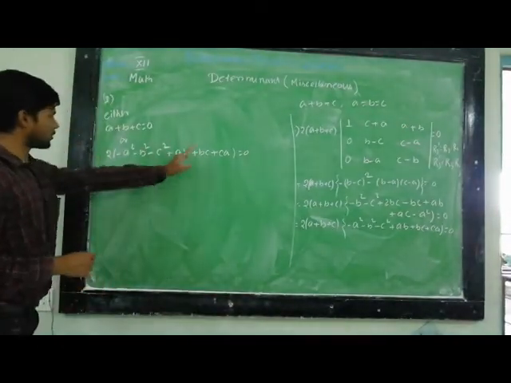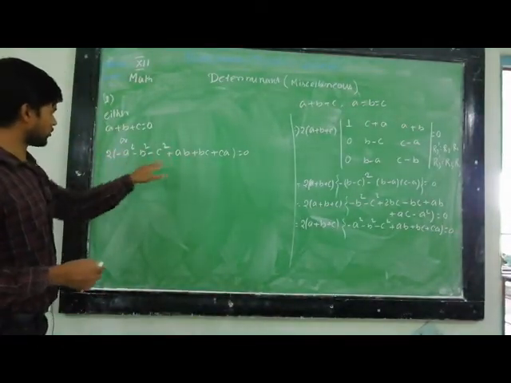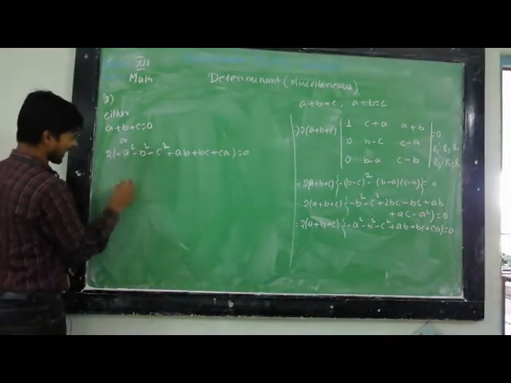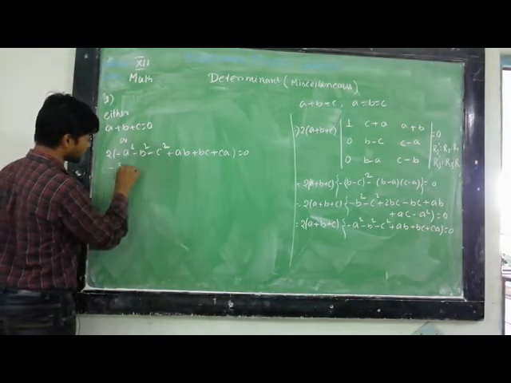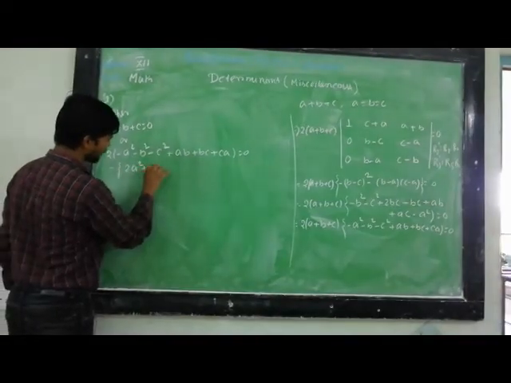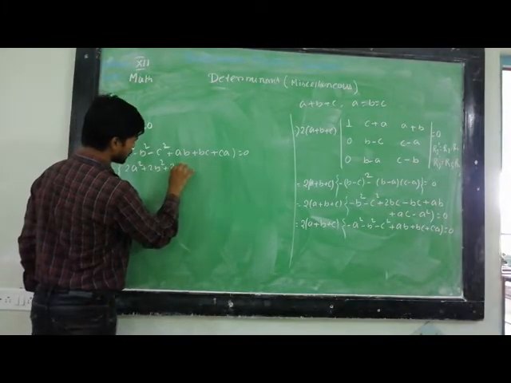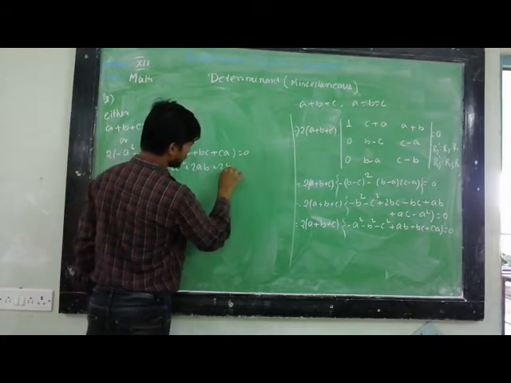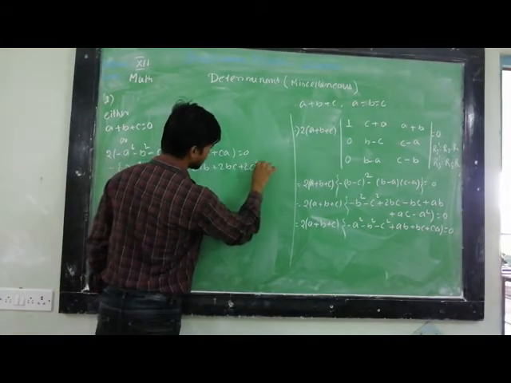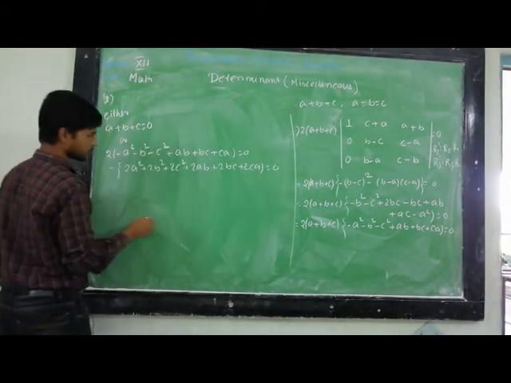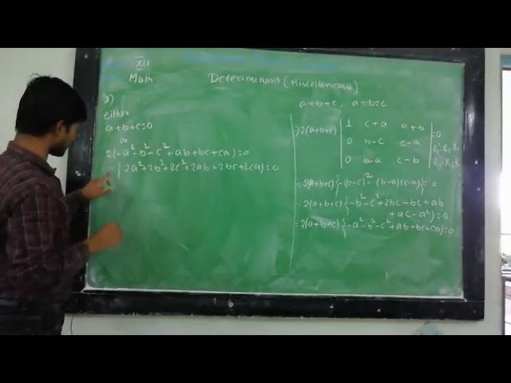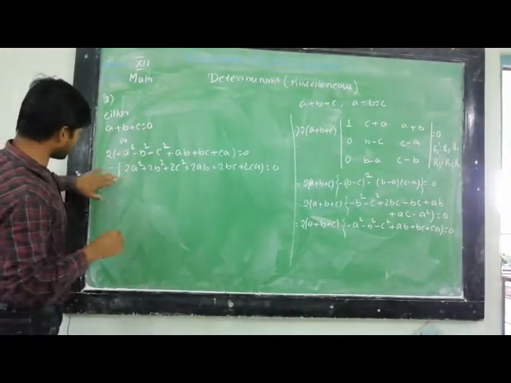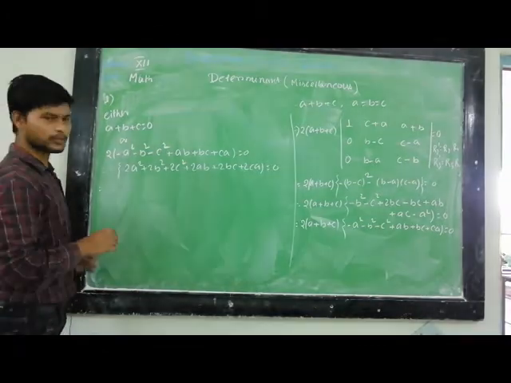If I multiply by 2 and take minus 1 common, we get minus (2A square plus 2B square plus 2C square minus 2AB minus 2BC minus 2CA) equal to 0, so we can say that this expression equals 0.